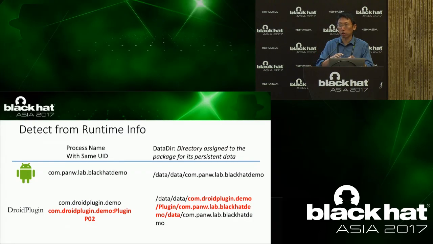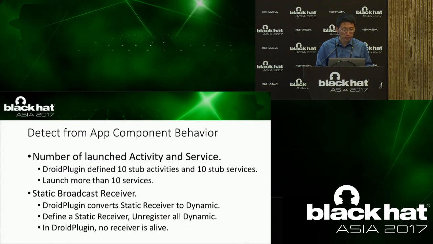So Drone plugin will create a subdirectory for each plugin file. But you can see that if we check the data directory at runtime, it should behave completely differently than the normal case. And that can be used as an indicator here.